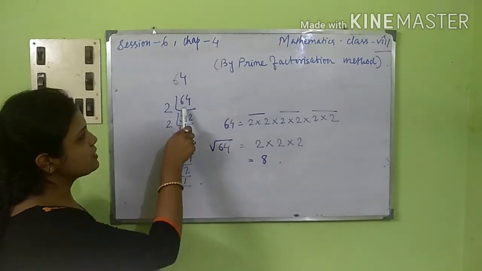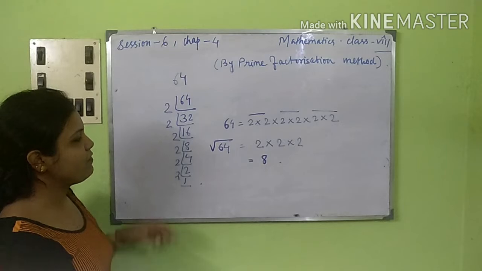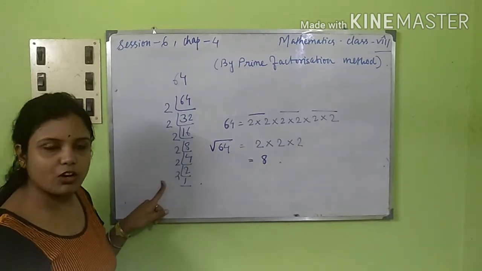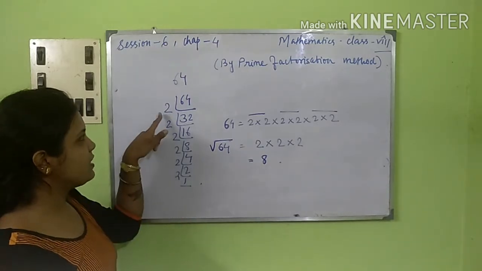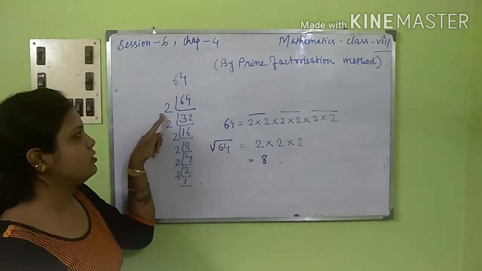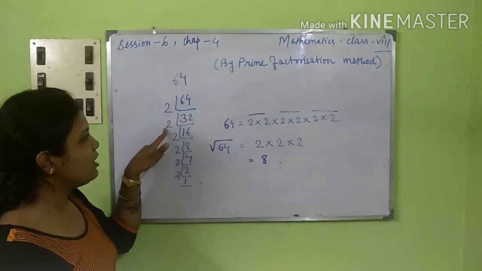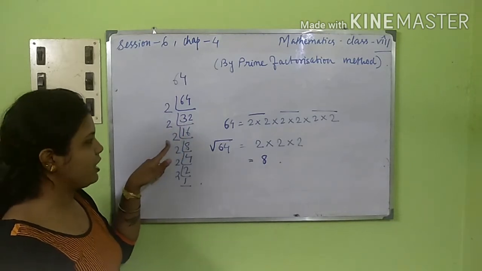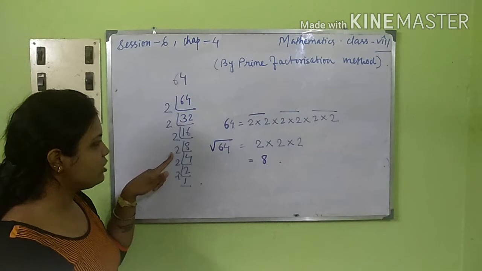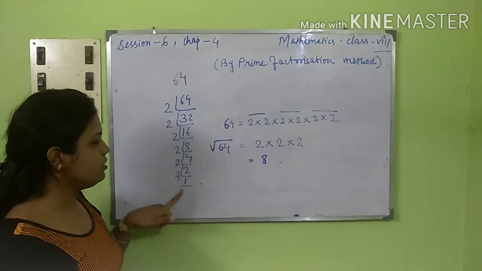Just find the prime factorization of 64. We take the smallest prime factor, that is 2. 32, again 2. 16, again 2, going with 8, again 2 with 4, and 2 2s are 1.